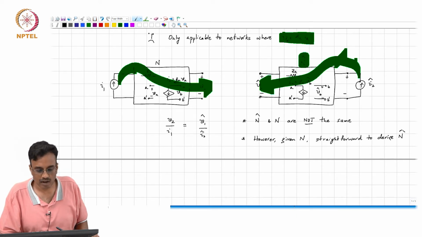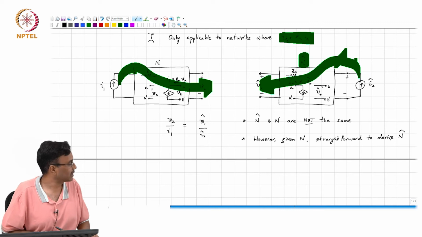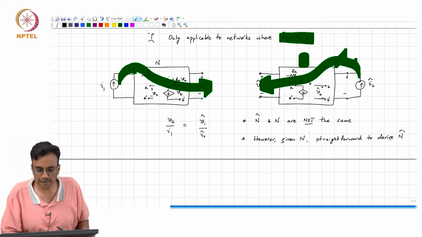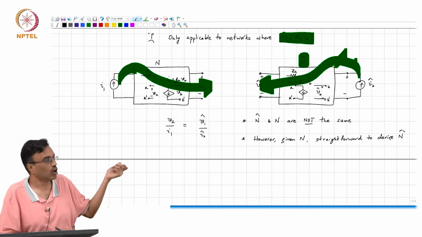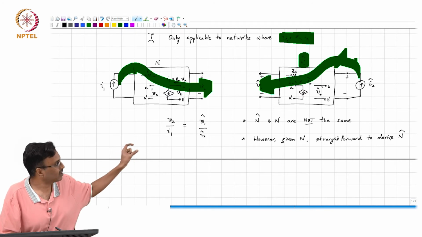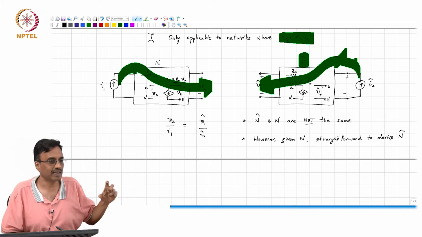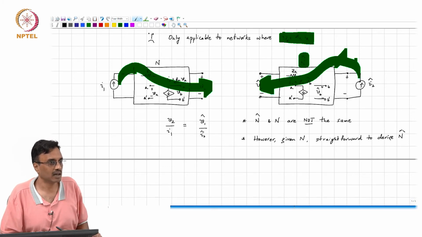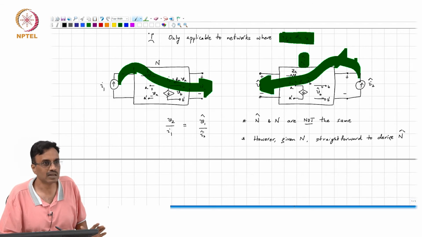And another aspect that I would like to point out is that if G_M is set to 0, right, whether you have N or whether you have N hat, please note that the port impedances between A prime and B prime remain the same. Is that clear?